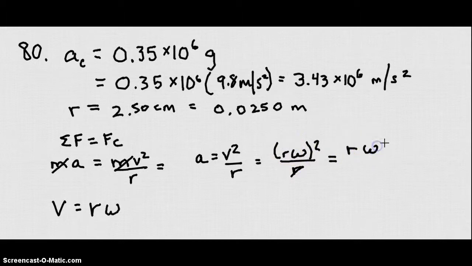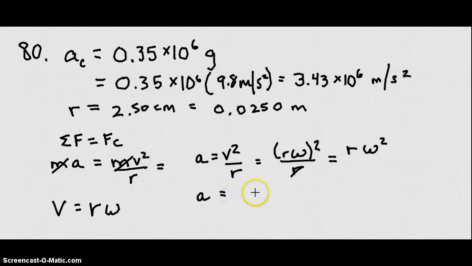We end up with r omega squared, which is an expression you can count on whenever your centripetal force is equal to the net force. You can know that your linear acceleration is related to your radius times your angular velocity squared.